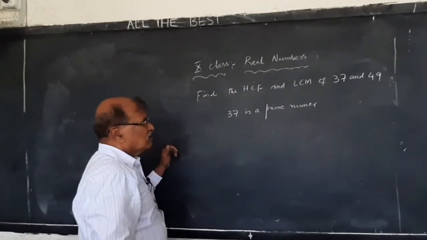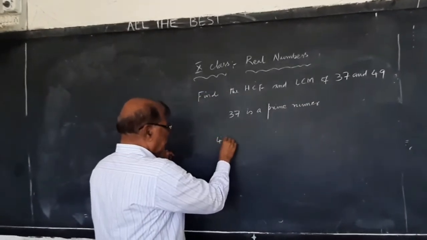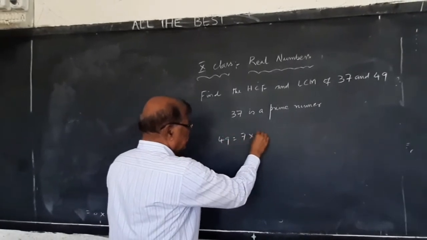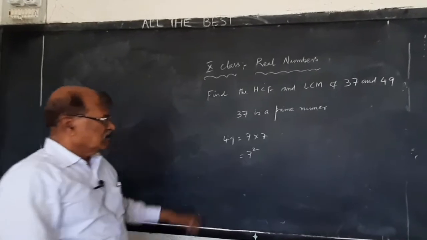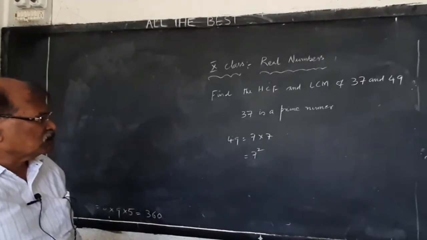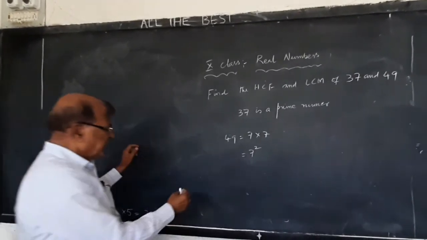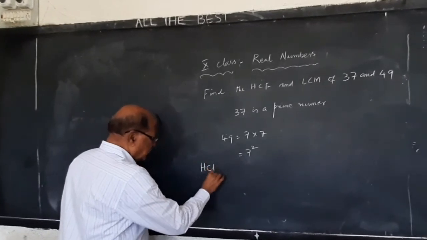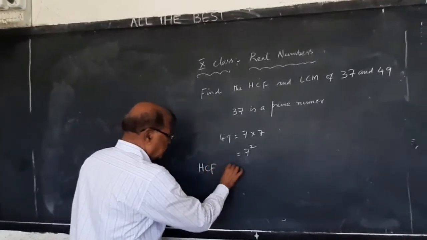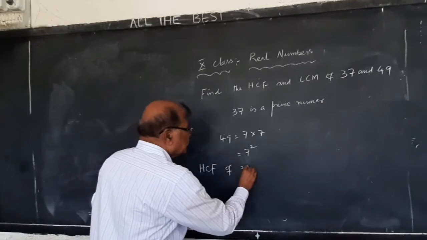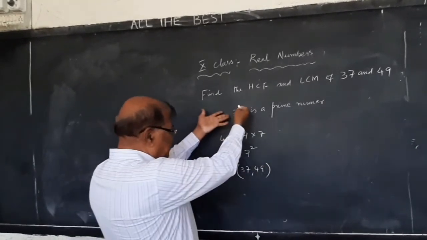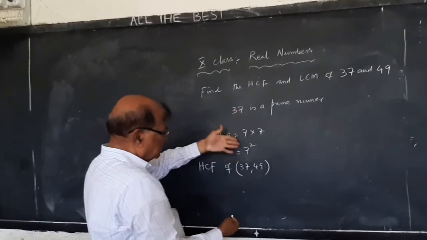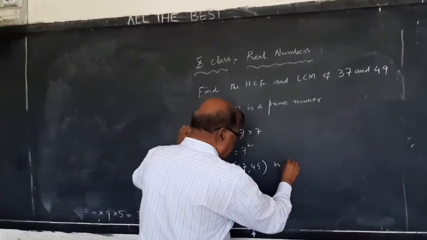For 49 we have factors 7 into 7, so this is 7 square. If you take the HCF of 37 comma 49, you don't find any common factor, so it is 1.